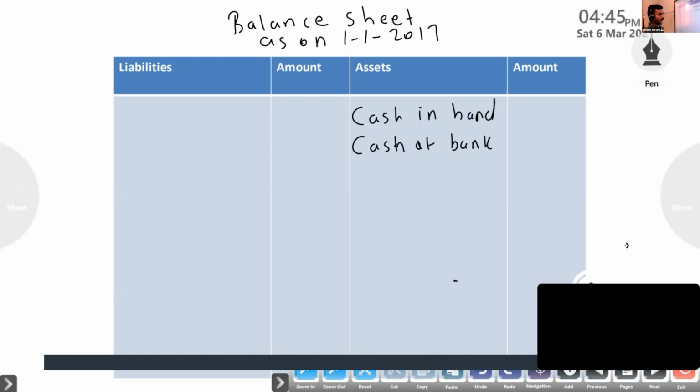Okay, closing, that will come in the closing balance sheet.